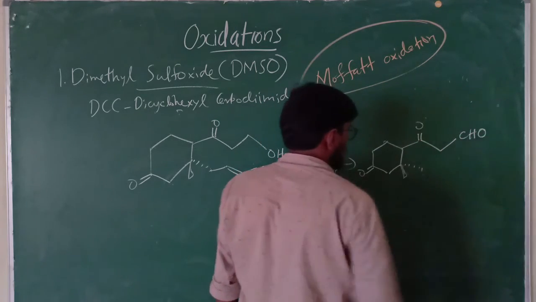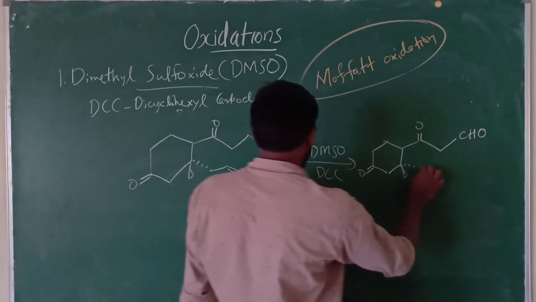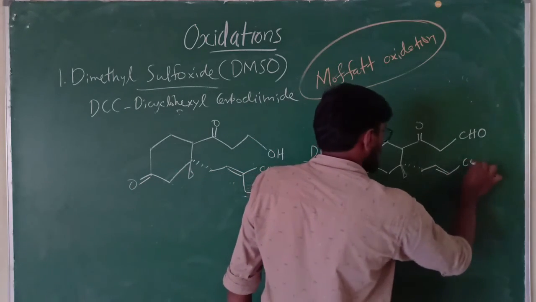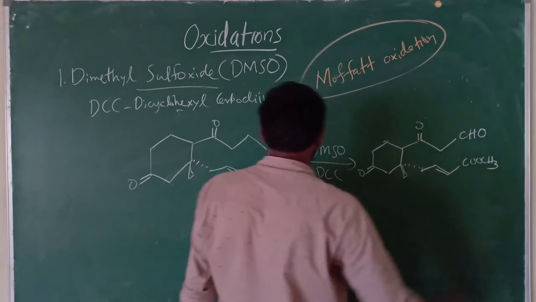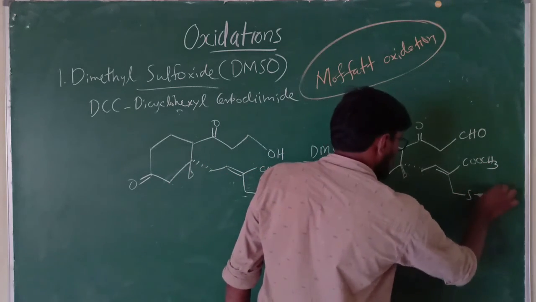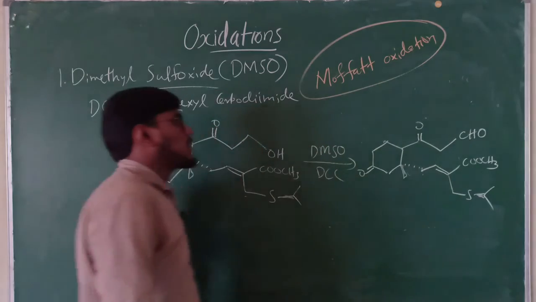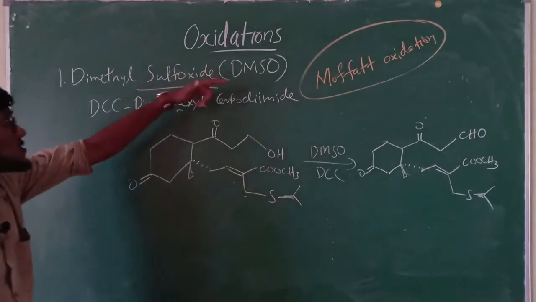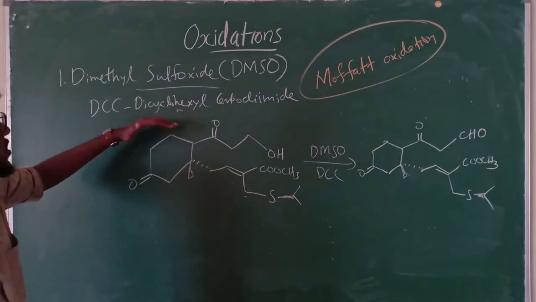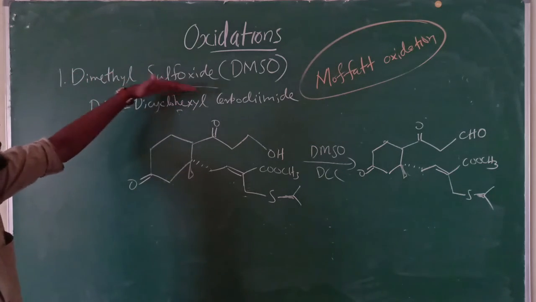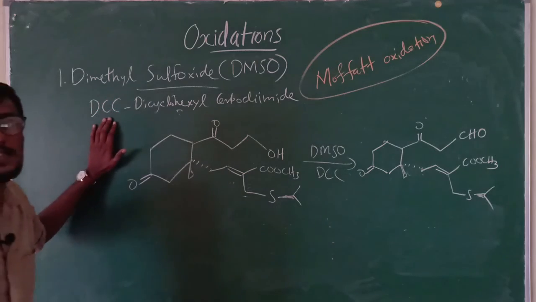Here aldehyde CHO, then COOCH3, here sulfur, dimethyl group. This is another example for this Moffatt oxidation, or the oxidation of alcohols using dimethyl sulfoxide in presence of DCC.